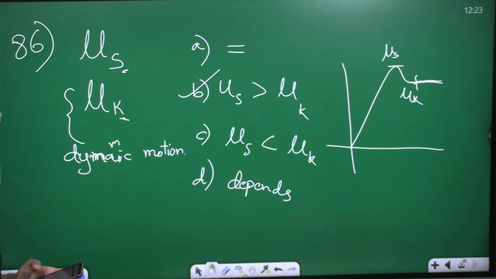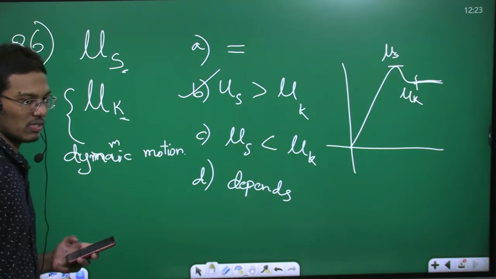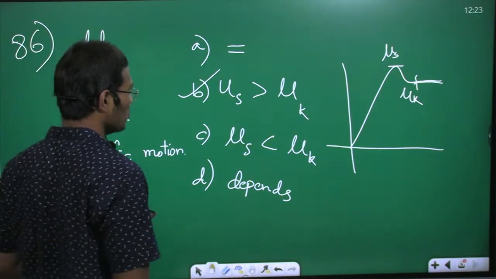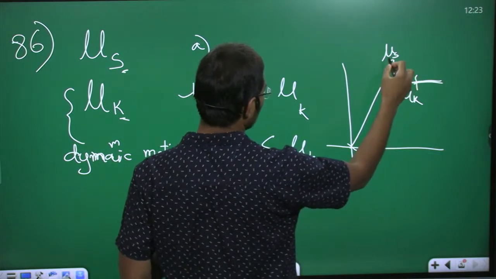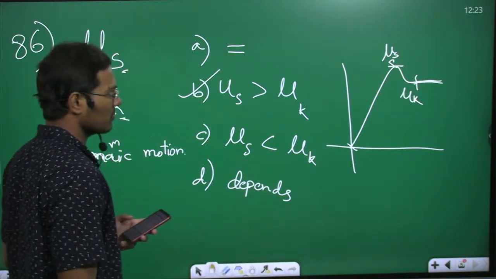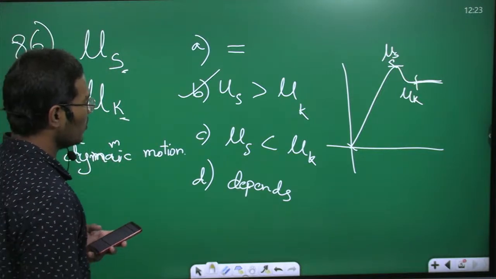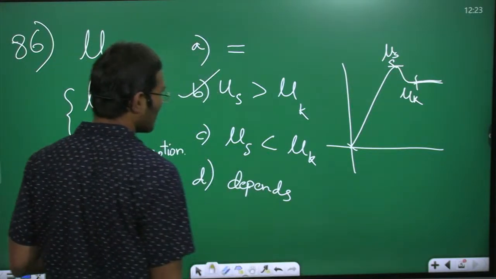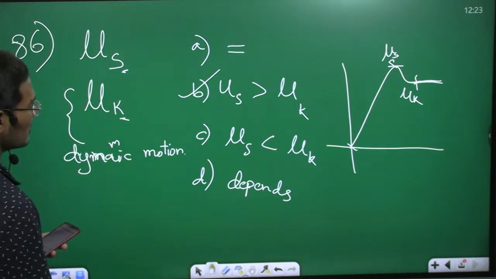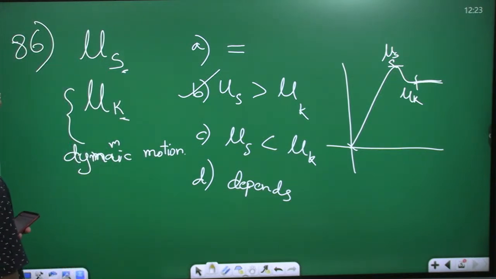Mu k is proportional to the amount of force that it provides when it is in motion. Limiting friction varies from 0 to mu s times N. So if you want to get the limiting friction, you need to multiply mu s with N. So the coefficient of static friction will always be greater than the coefficient of dynamic friction. So this is a direct question.